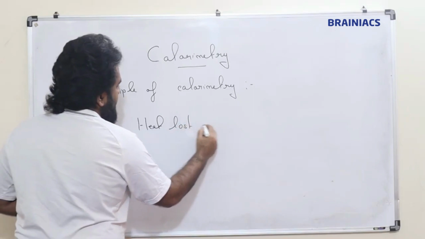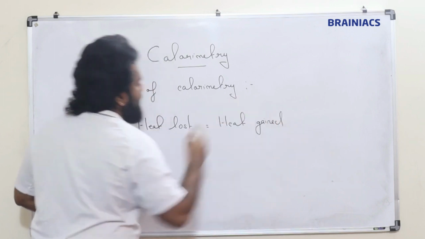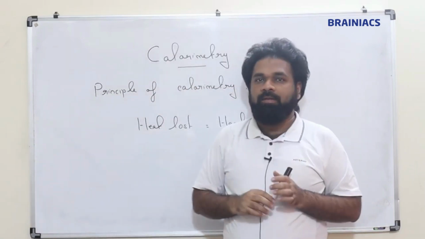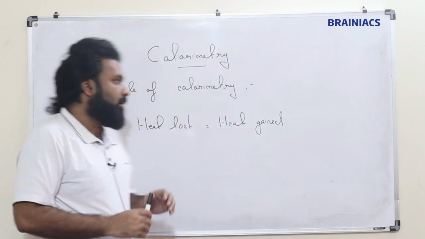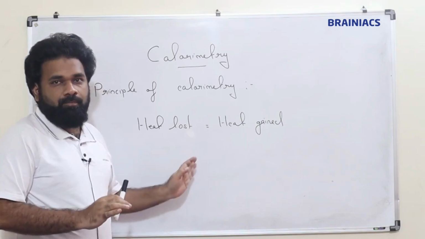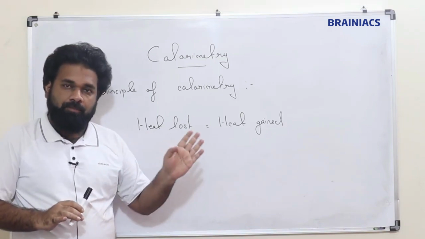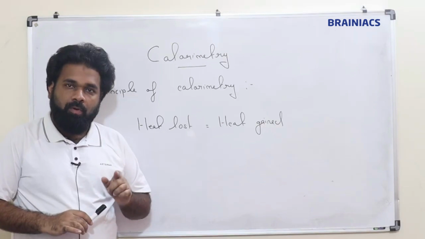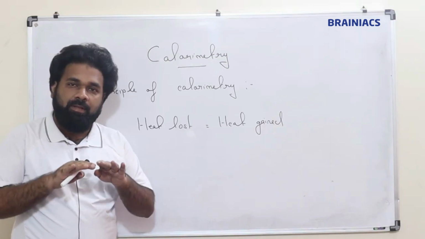Heat lost is equal to heat gained. That is, if in a system there are two entities, two bodies or two particles, or a body and the surroundings, then based on the temperature of the two entities, heat will be transferred from the body at a high temperature to the body at a low temperature, and finally it will reach thermal equilibrium.